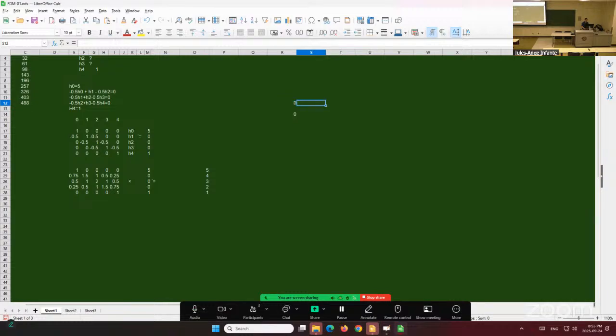This will be the actual x, and this is the index. You're gonna start with a small value.